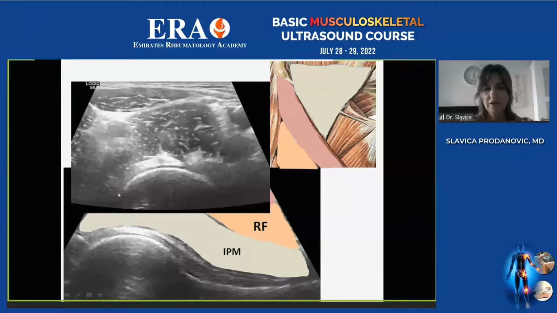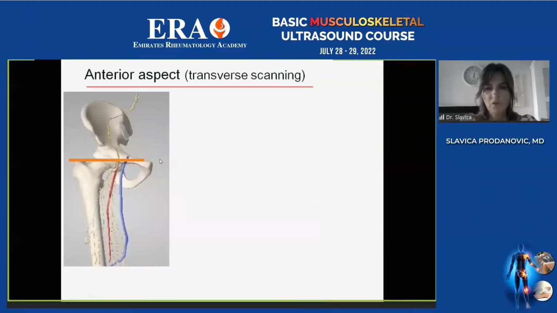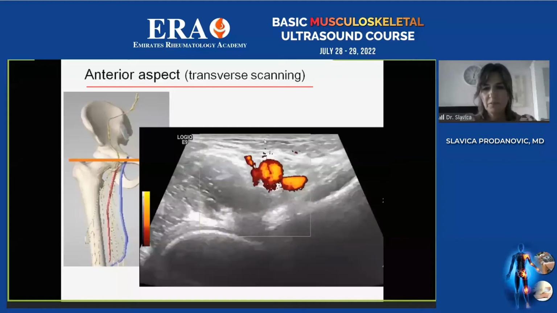You recognize a hyperechoic line that belongs to the bony profile of the femoral head, and another hyperechoic structure that belongs to the iliofemoral ligament. If you move a little bit medially, you will find so easily the neurovascular structures: femoral artery, vein, and nerve.